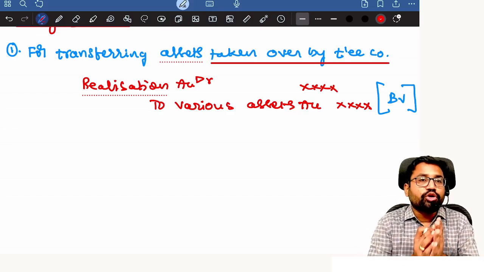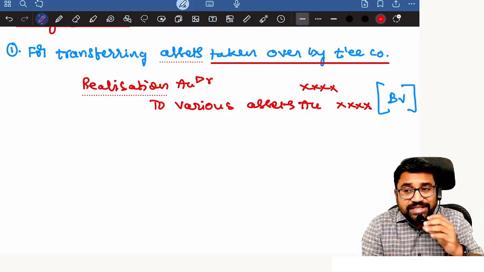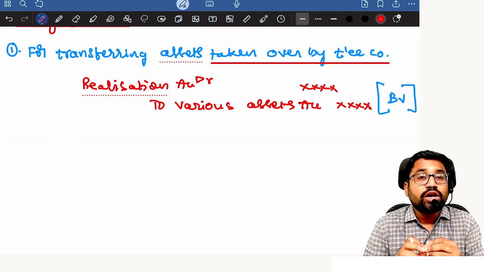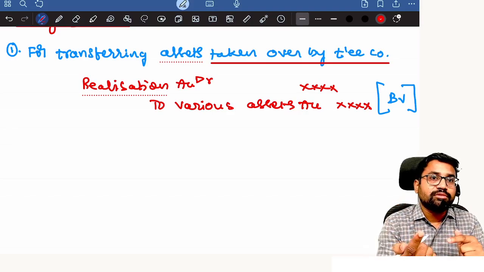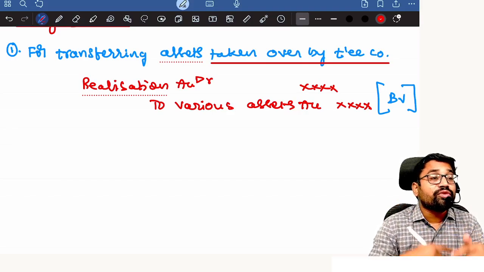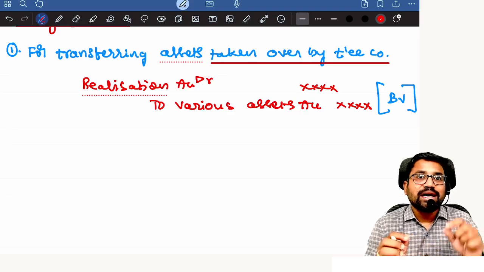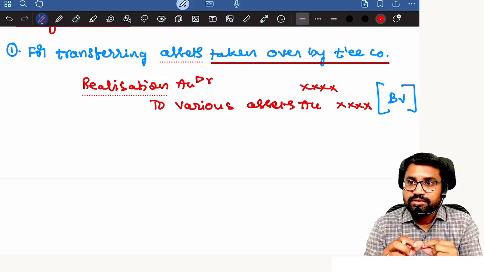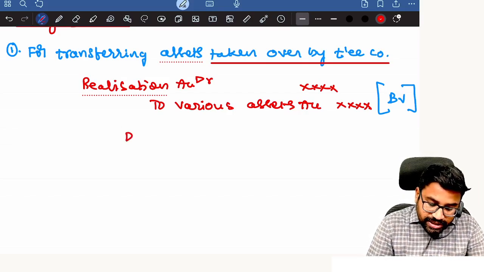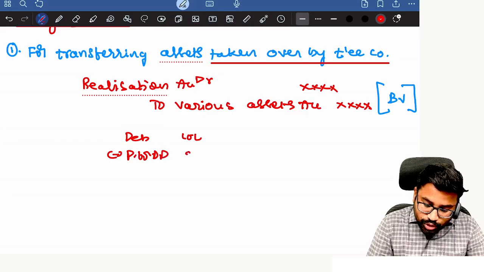Now, here one important point. In respect of any asset, if there is a provision, what we do? We need to close the asset at its gross value. Provision will be closed along with liabilities. For example, debtors. Against debtors, there is a provision for doubtful debts. Suppose, for example, debtors 10 lakhs, provision for doubtful debts 2 lakhs.